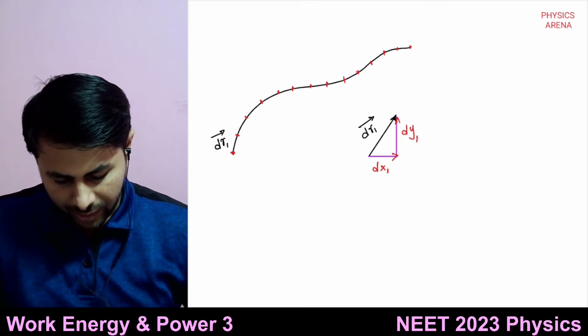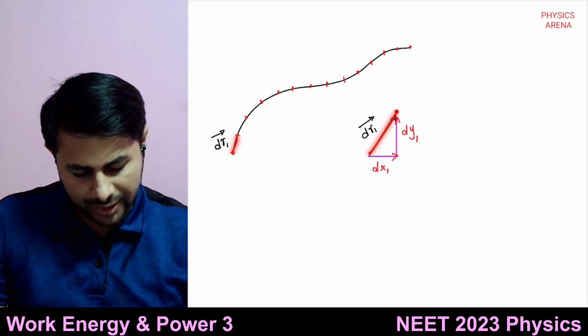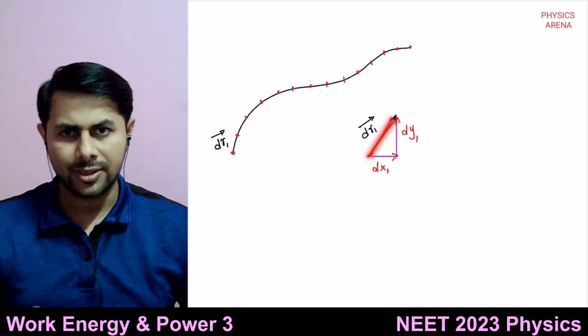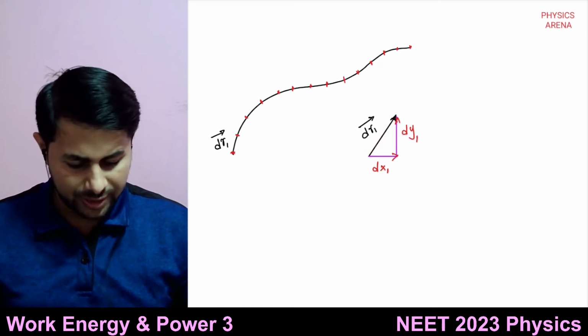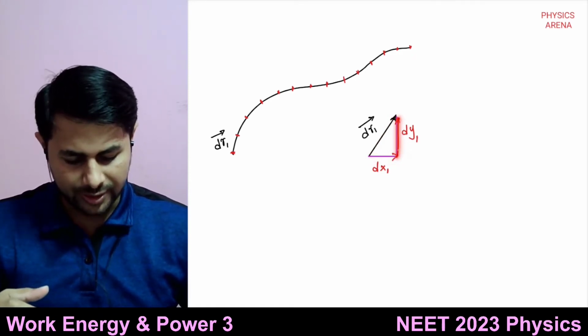Then when you move it along this line, dr, work done to move the object along this inclined line is equal to work done to move it along the horizontal line plus this vertical line.